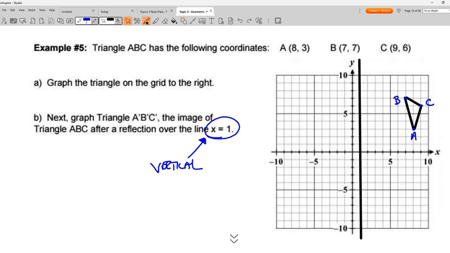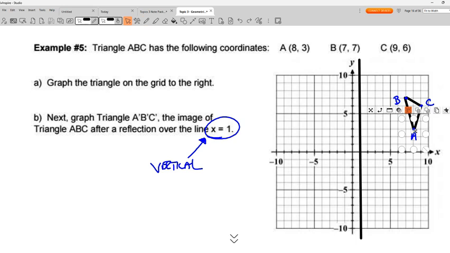So what we're going to have to do is figure out how far each point of triangle ABC is located to the right of that line. We're going to have to go the same distance to the left of that line to find the image points. So let's start with point A. Point A is right here, and we're going to count how many units it is to the right of x equals 1.